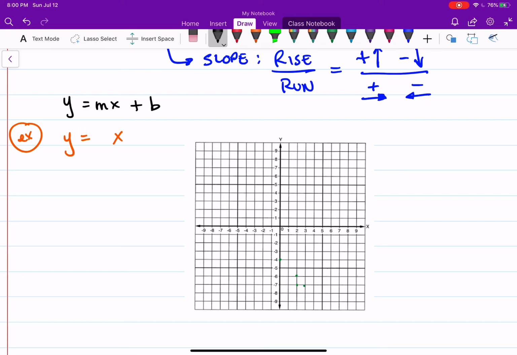And I go, wait a minute, y equals x. I don't see an m and I don't see a b. Well, the m is actually there, right? Because in front of this x, there's always a 1. So my slope is equal to 1, but I can make that a fraction by putting it over 1.